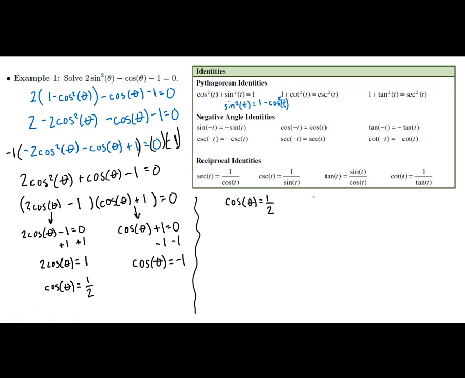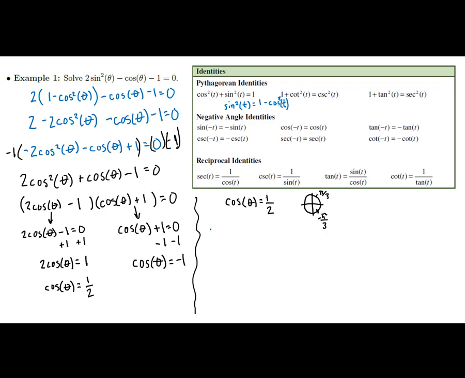Maybe sketch a little unit circle over here. So when does the x value on the unit circle equal a half? Well, that should happen right about there and right about there. We should recognize that as pi over 3 and negative pi over 3, or if you'd rather, 5 pi over 3, either way.